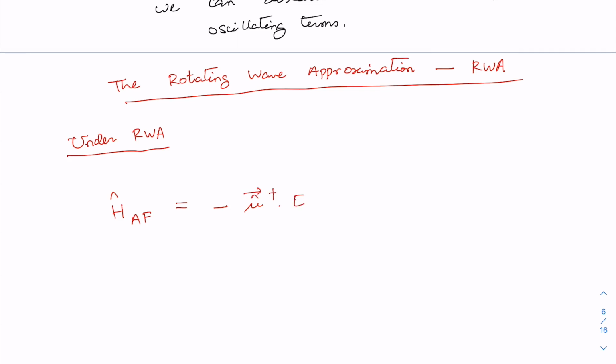mu plus dot E minus mu minus dot E plus.